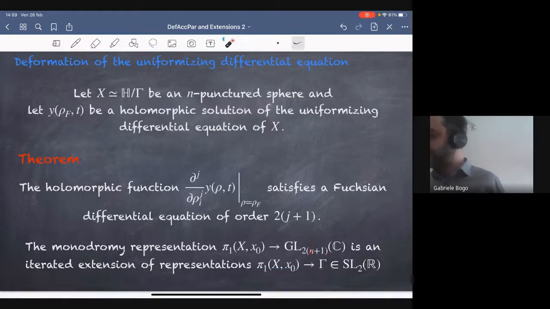The monodromy of the differential equation solved by this derivative is an iterated extension of this representation here. And I want briefly to discuss the proof, if there are no questions on the statement.